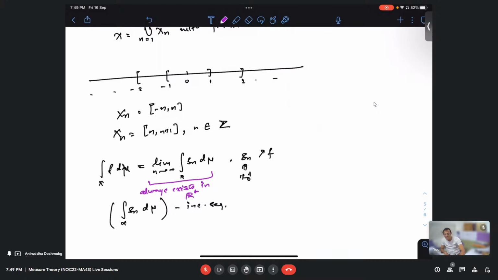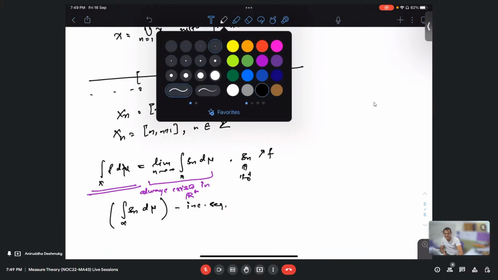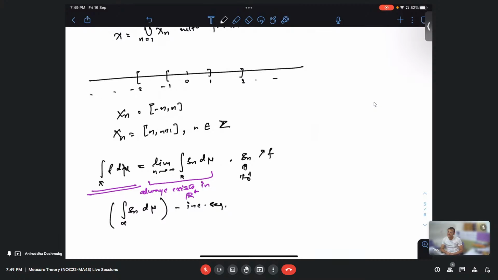So it always exists in R star, and whether or not X is sigma finite, we can always define the integral of a non-negative measurable function. I took it for the finite sense. I thought if it's sigma finite, then the limit exists and it's finite. My bad, I'm so sorry about that.